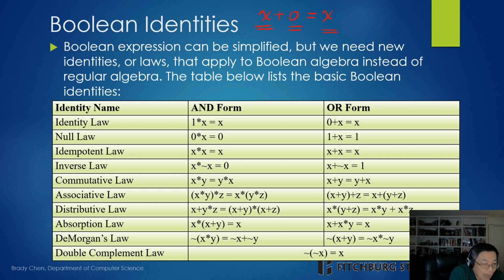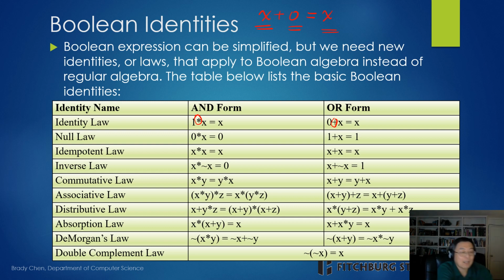Boolean identities are very similar to algebraic identities, except the operation here, like the asterisk, is not multiplication, it's AND. And plus here is not addition, but the OR operation.